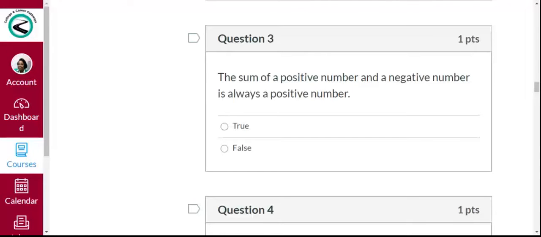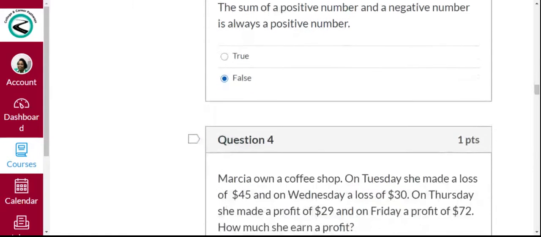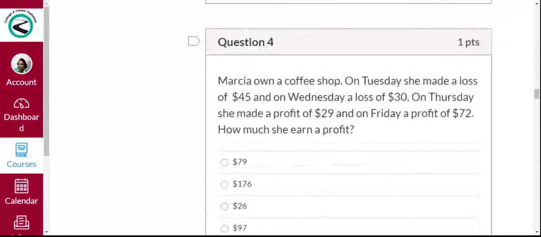So sometimes the answer is positive and sometimes the answer is negative. So I need to put a false on that because that is not always true. It really depends on which one is further from 0, not necessarily larger.